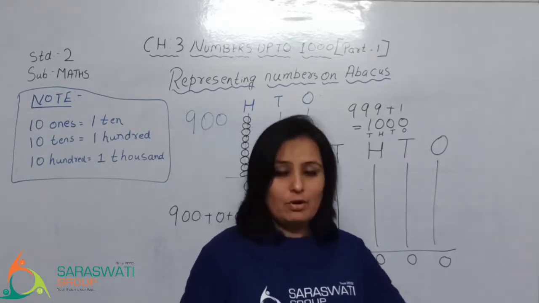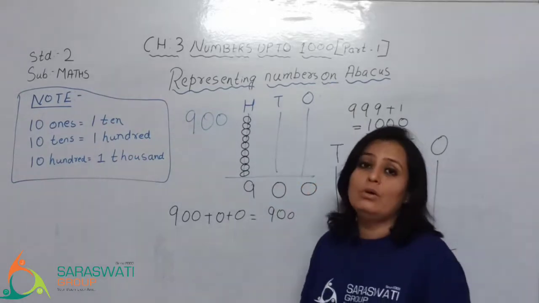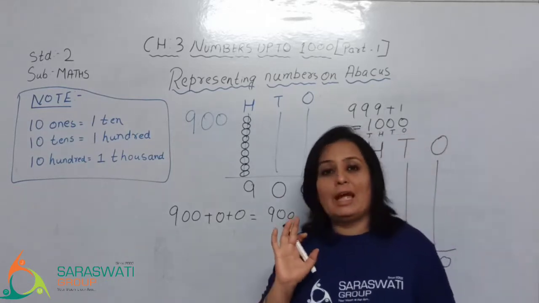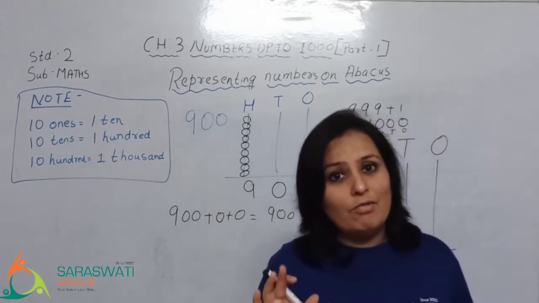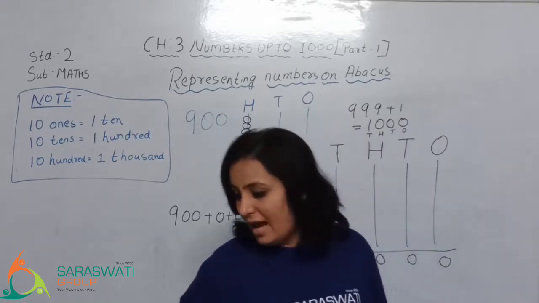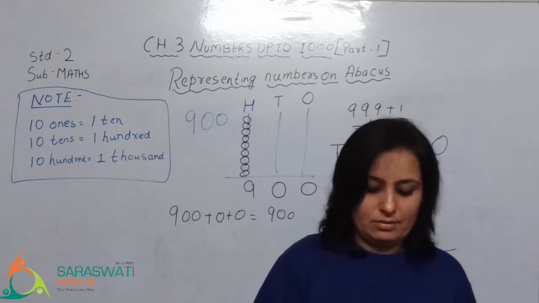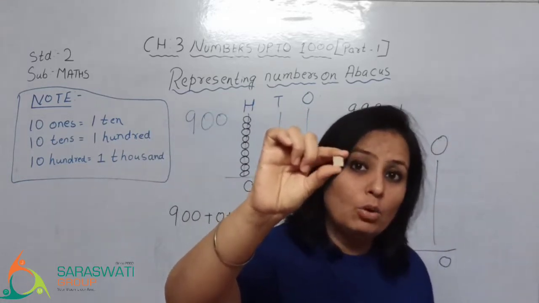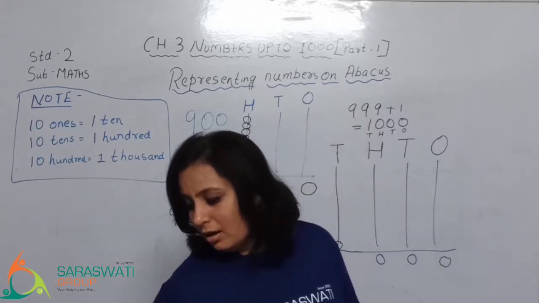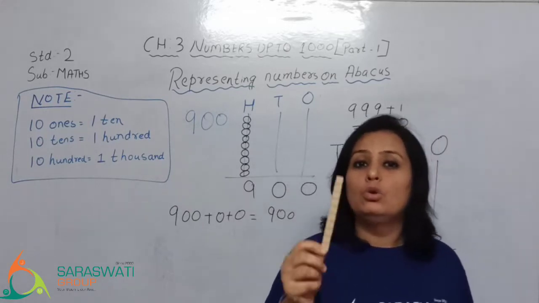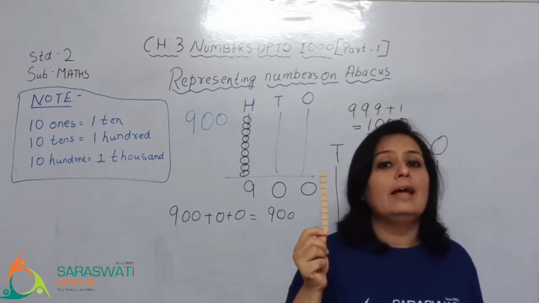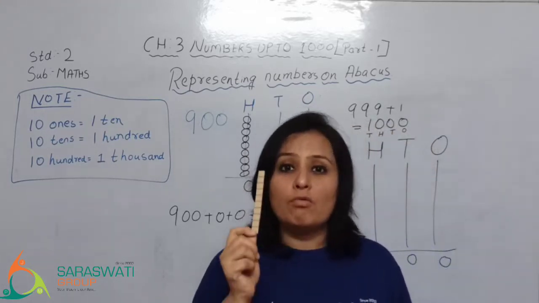Now children, I would like to tell you some more thing about numbers. You already know that when we have 10 ones, 10 ones means loose ones. मैंने आपको इसके पहले भी बताया था that these kind of loose ones, single ones, ऐसे 10 आप इकट्ठे करोगे या आप जमा करोगे तो you will make this type of 110. समझ में आ रहा है? 10 loose ones will give you 110.